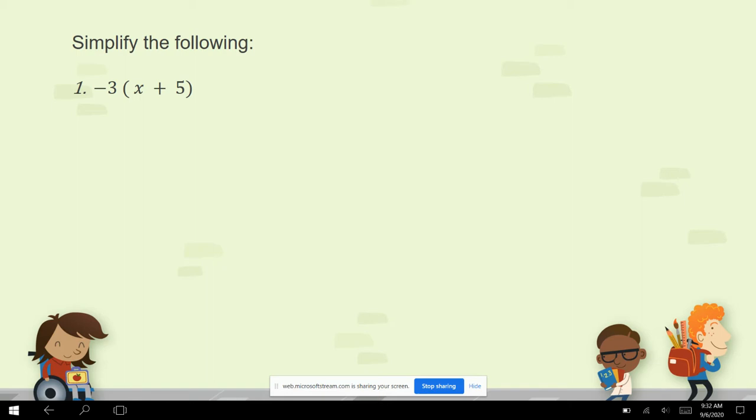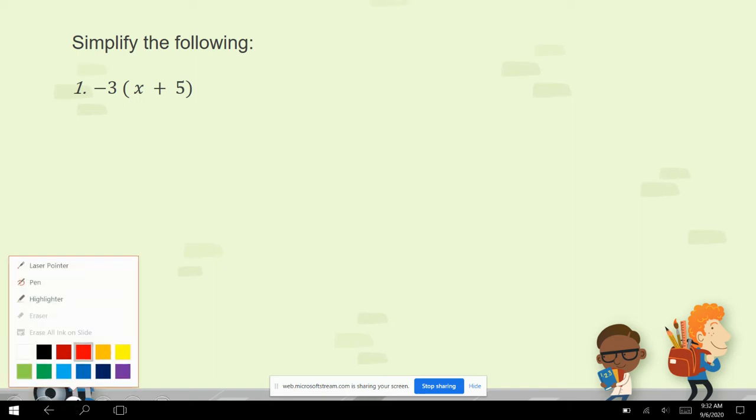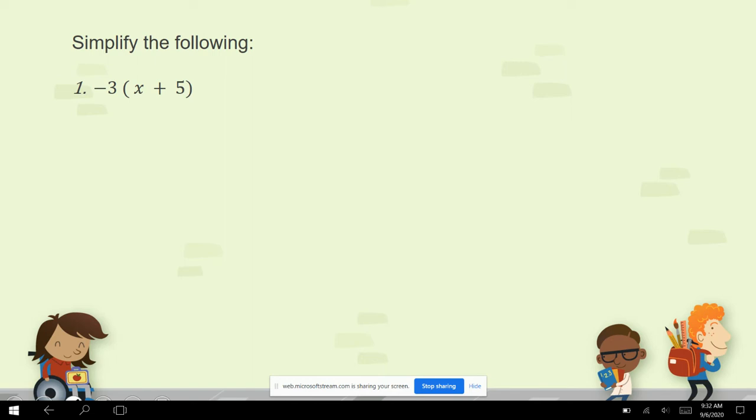We're going to simplify the following expression, negative 3 times x plus 5. When we hear the word distribute, what that means is we are going to perform multiplication with a number or a variable or some sort of term in an addition or subtraction expression.